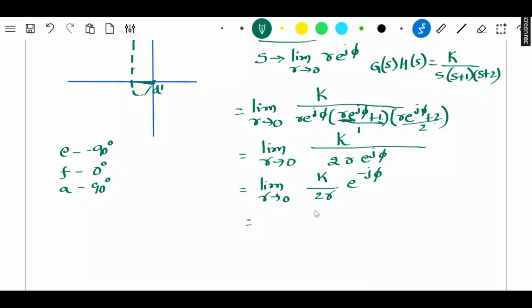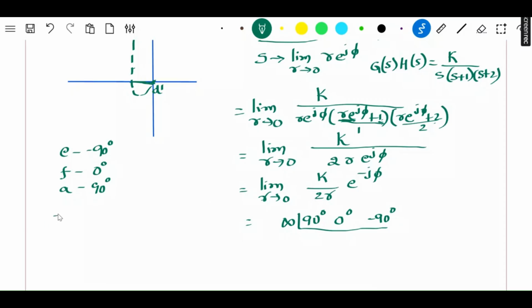If I put these angles and substitute the limit, as R tends to 0, 2 into R is 0, K divided by 0 is infinity, is the magnitude. At an angle, when E is minus 90 degree, angle is plus 90 degree. When F is 0 degree, angle is 0 degree, whereas at A it is 90 degree, as it is minus, so it becomes minus 90 degree.